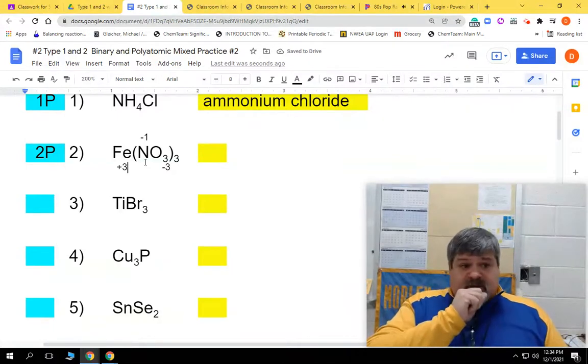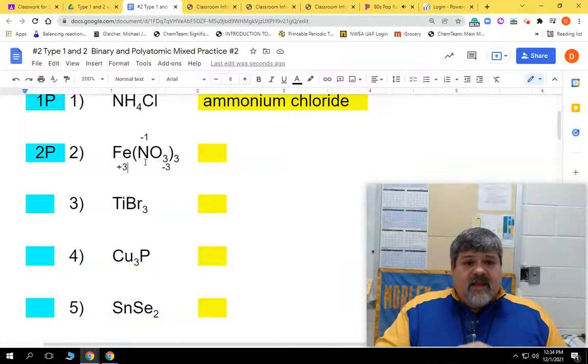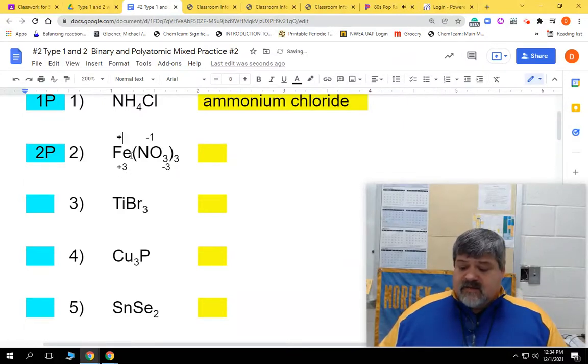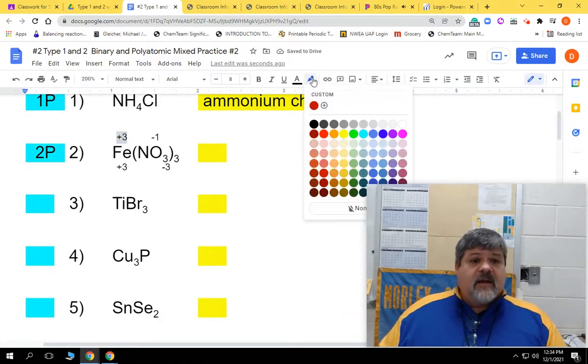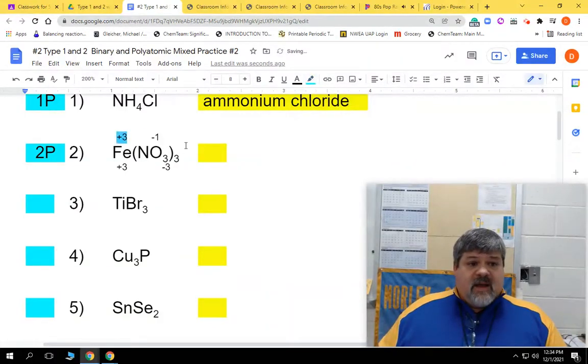I'm going to divide that by the number of irons I have. If I look at the formula, there's no subscript, so there's 1 iron. 3 divided by 1 is a +3. Then I'm going to highlight that because that is my Roman numeral. So we're going to put in Fe stands for iron, but let's double check that.